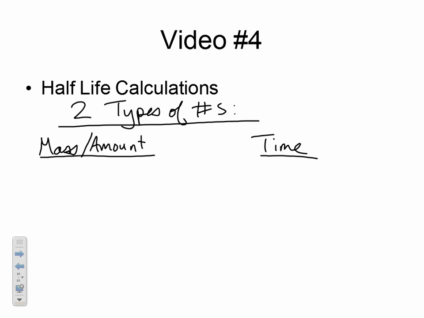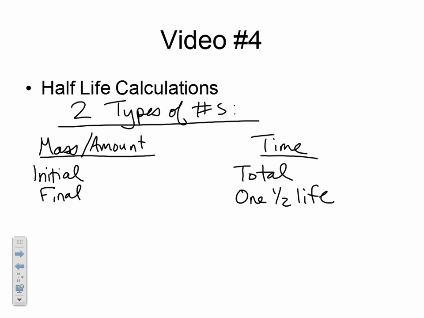In the mass and amount category, there'll always be two possible types of numbers: an initial mass and a final mass, or an initial amount. It could be a fraction, it could be a percent, so we're going to call that amount, initial amount and final amount. In the time category, they're also going to give you two types of numbers: the total time and the length of one half-life.